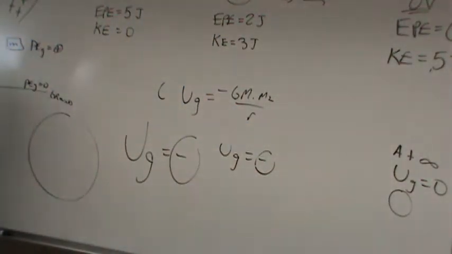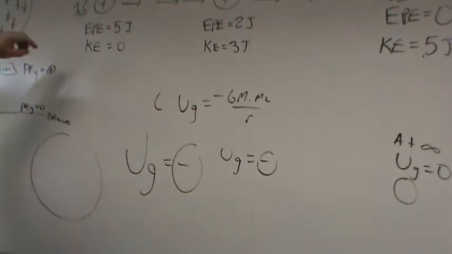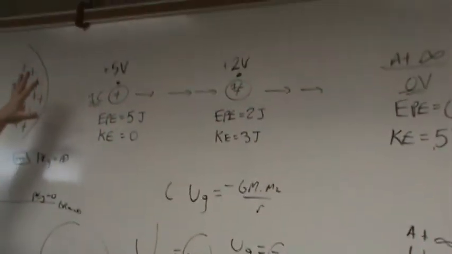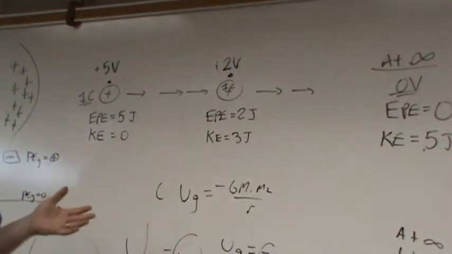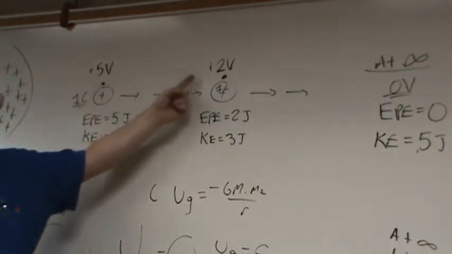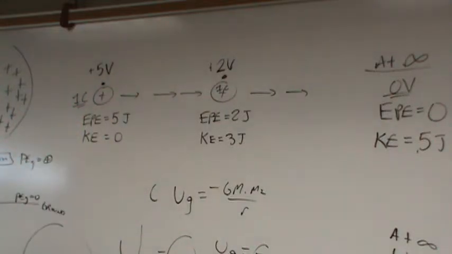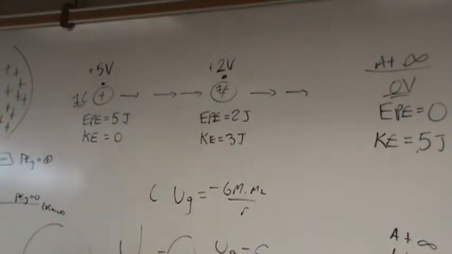Okay? Here's another thing I want to mention. This is on your sheet. Everything I'm talking about is on your sheet. Sometimes, if you don't know what the cause of this voltage difference is, and frankly, you may not even care, because all you need to know is that there's a voltage difference, then you are forcing positive charge to go from 5 to 2.